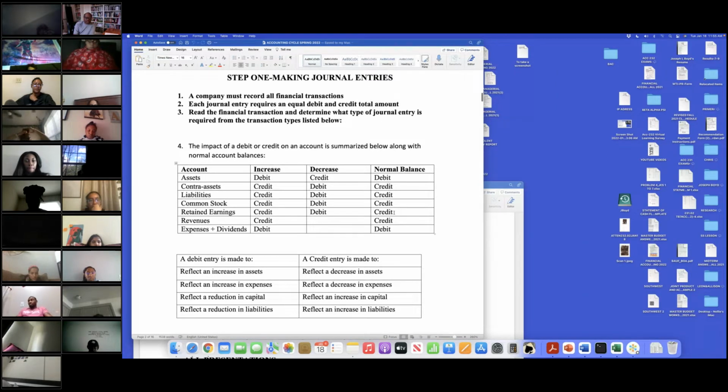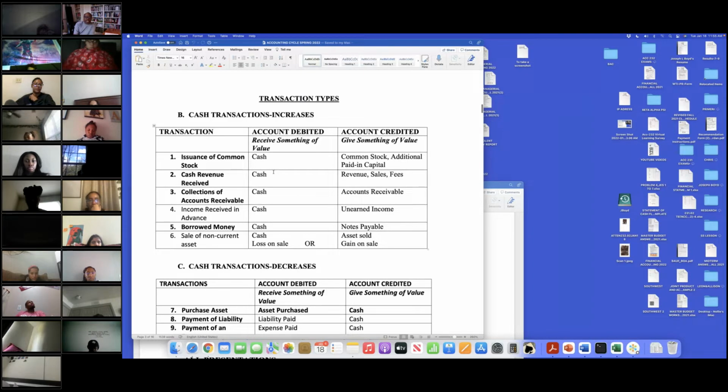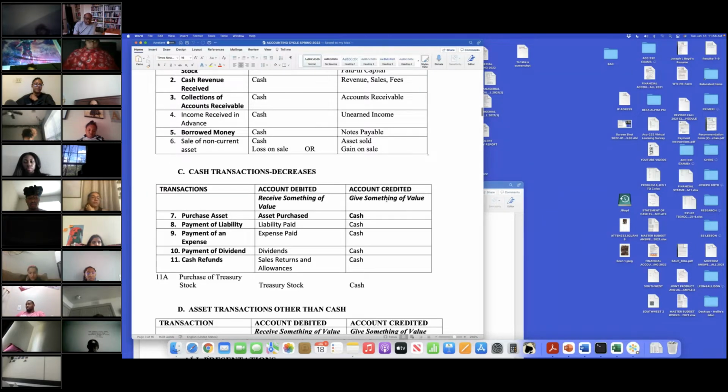And then we had our transaction types. If cash came into the business, there were six types of transaction, and cash was always debited and these other accounts were credited. If cash was paid out, we went from 7 to 11A, and in those cases we debited something and credited cash.